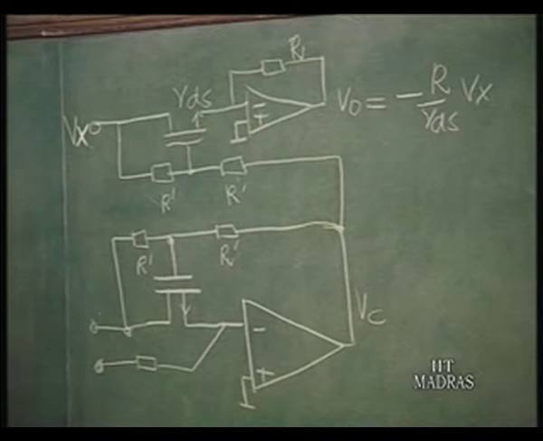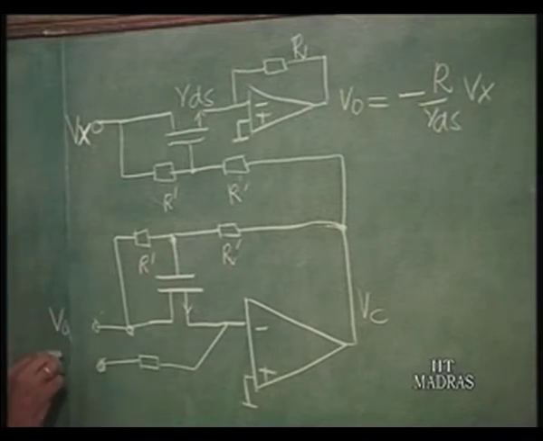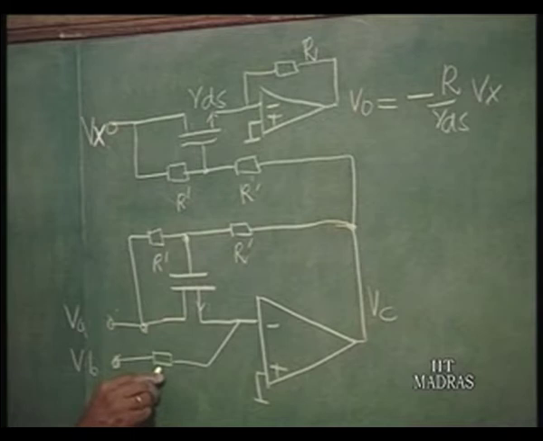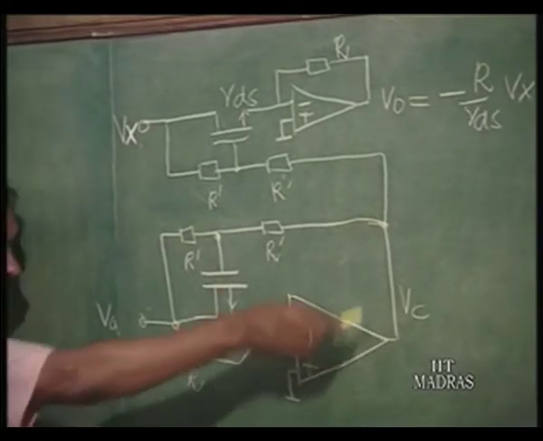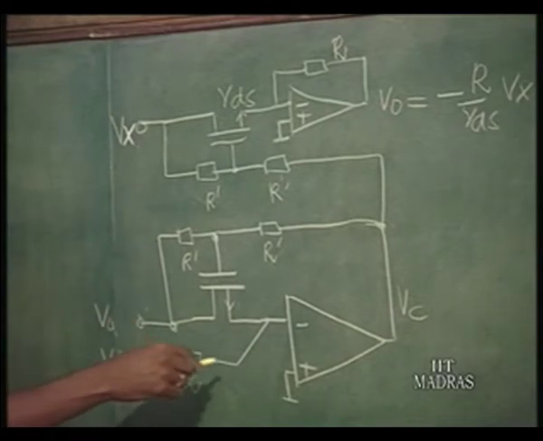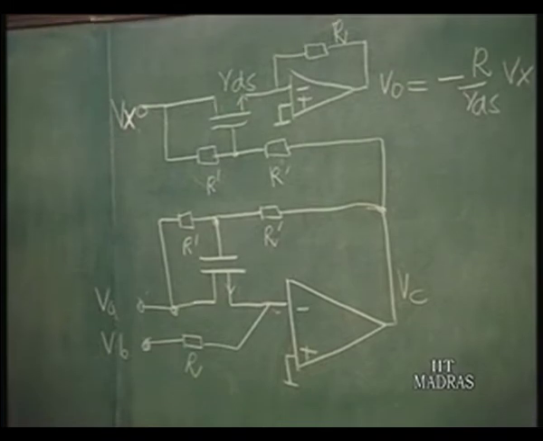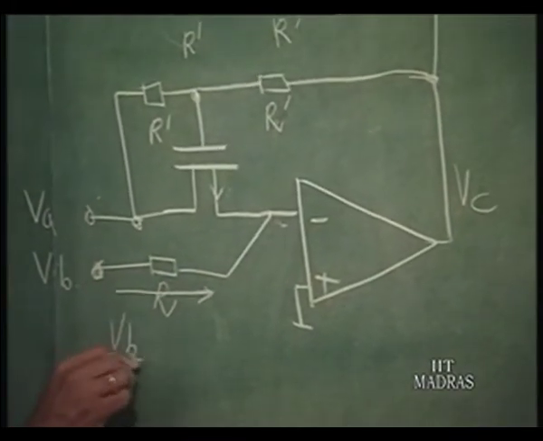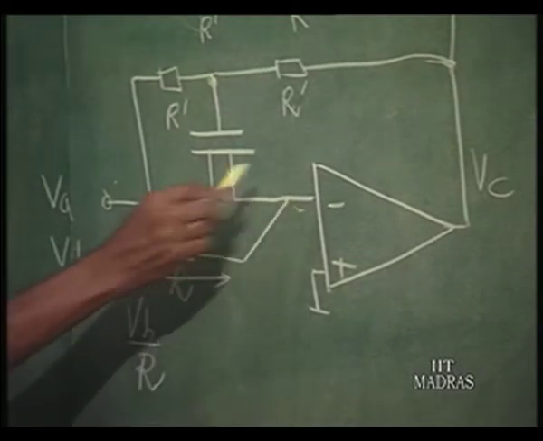Now, the RDS itself is fixed by another voltage here. Let us call this VA and VB. Right. So, if this is, let us say R, there is a negative feedback structure here, and if it is negative feedback and this is grounded, this will be grounded. So, the current in this is VB divided by R, and this is at 0 volts.